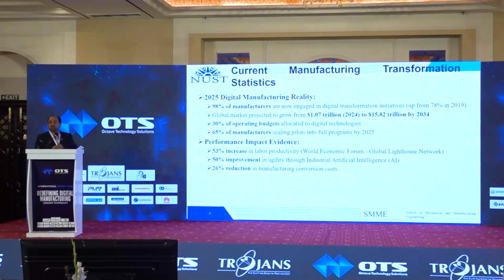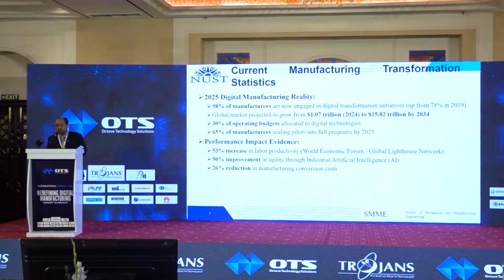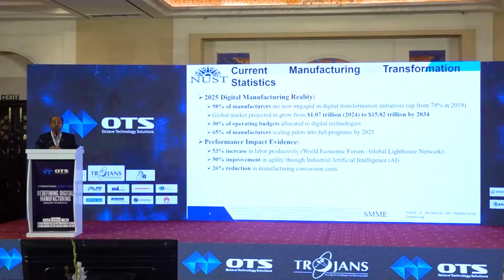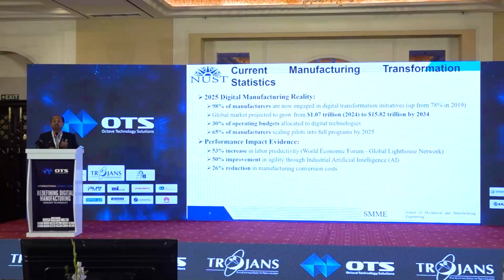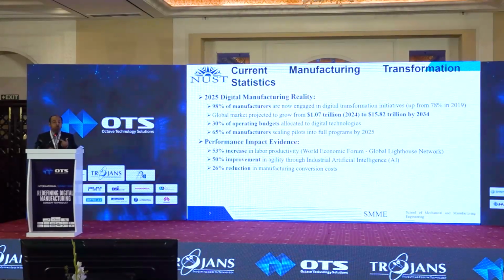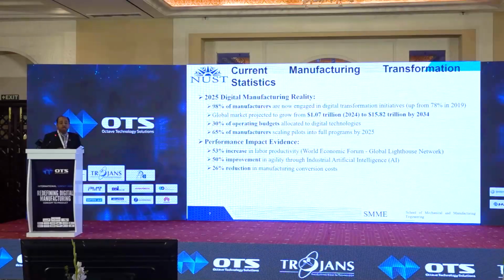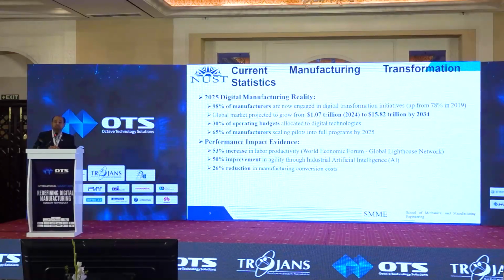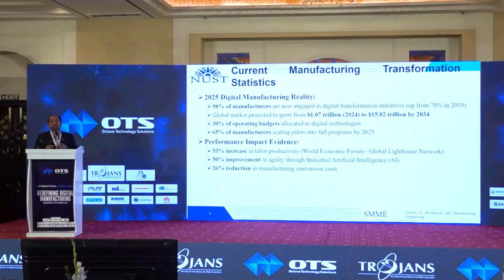If we see the effect on performance, if the organization embraces digital manufacturing, we'll see a 53% increase in labor productivity as per the World Economic Forum, and the Global Lighthouse Network has reported this. We can see a 50% improvement in agility. Right now agility is very, very important.